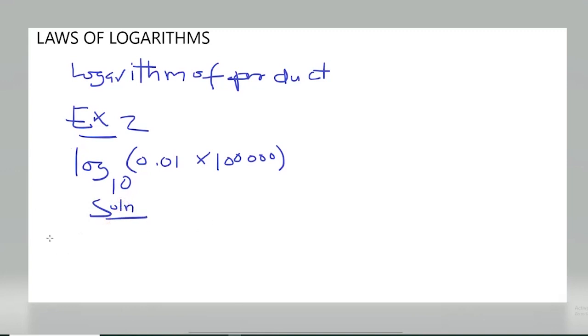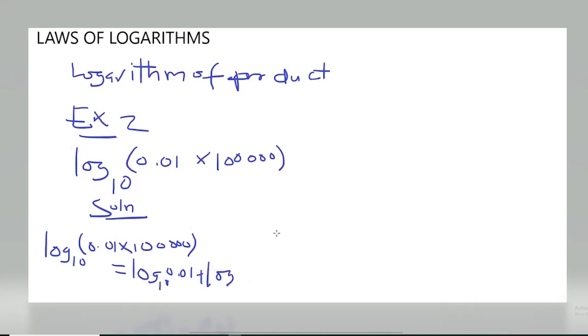According to the formula, the logarithm of 0.01 times 100,000 to base 10 is equal to the logarithm of 0.01 to base 10, plus the logarithm of 100,000 to base 10.